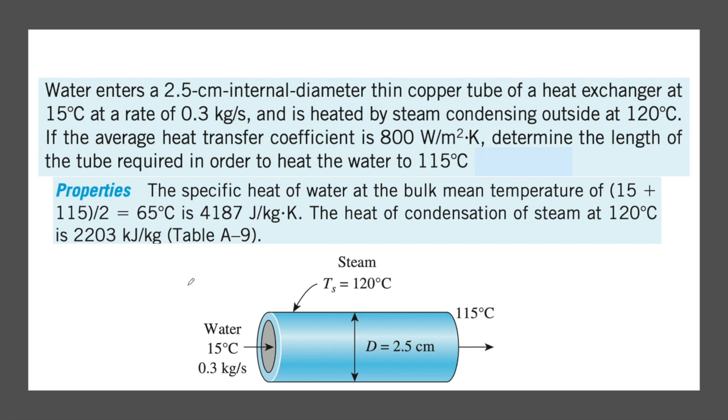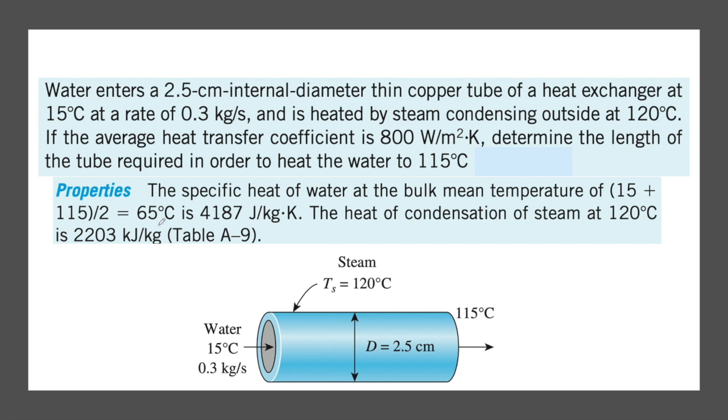So now, from the question, we already know that the diameter of the thin copper tube is 2.5 centimeter, and this is the internal diameter. Then the inlet temperature for the water is 15 degrees Celsius.